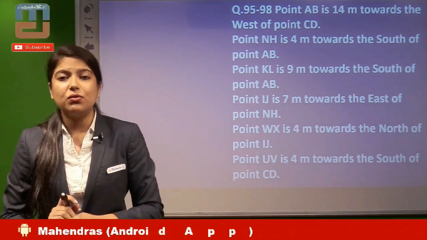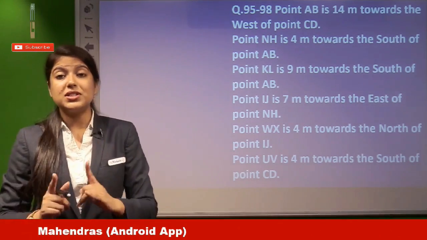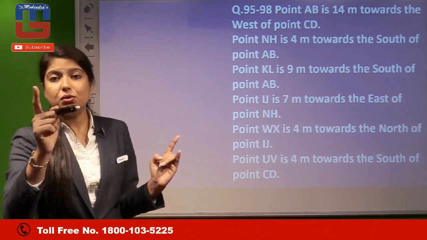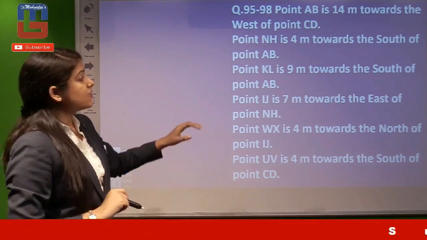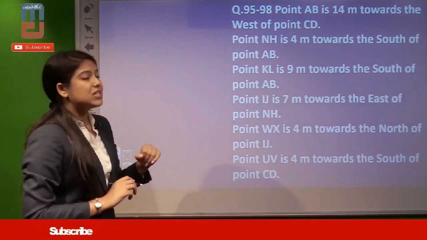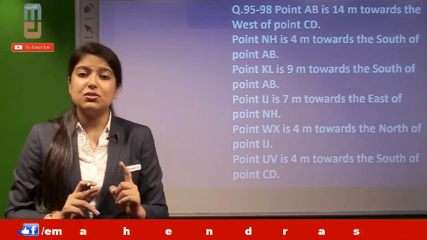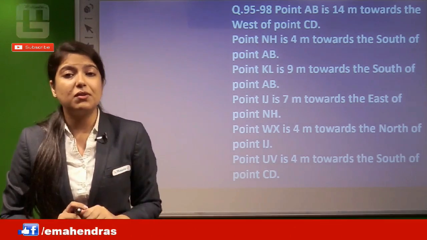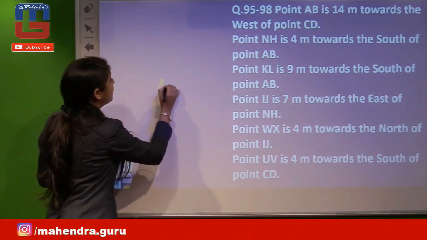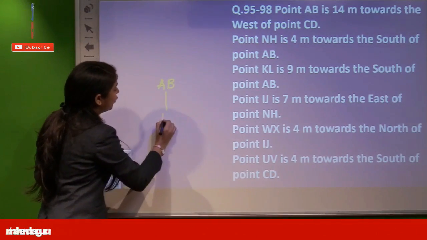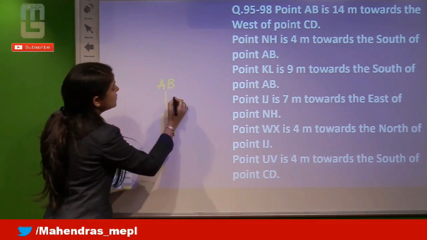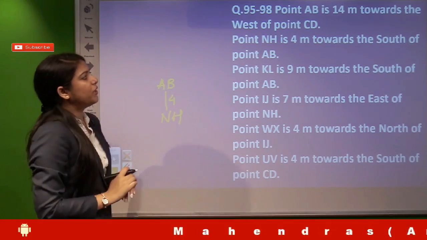The question is given here with the conditions. First we will frame the conditions and then go over questions 95 to 98. Point NH is 4 meters south of point AB. We take the standard east, west, north, south. So place AB here and point NH to the south, and this distance is 4 meters.